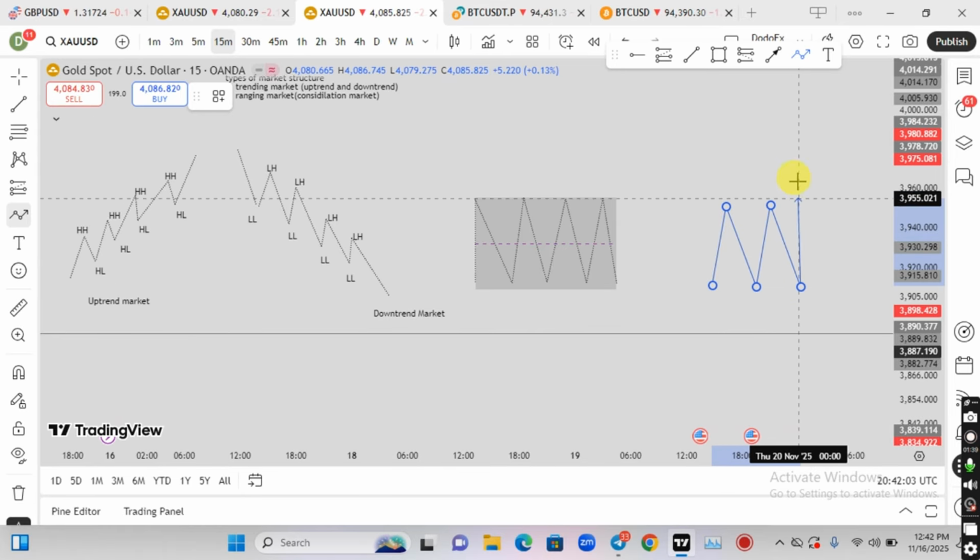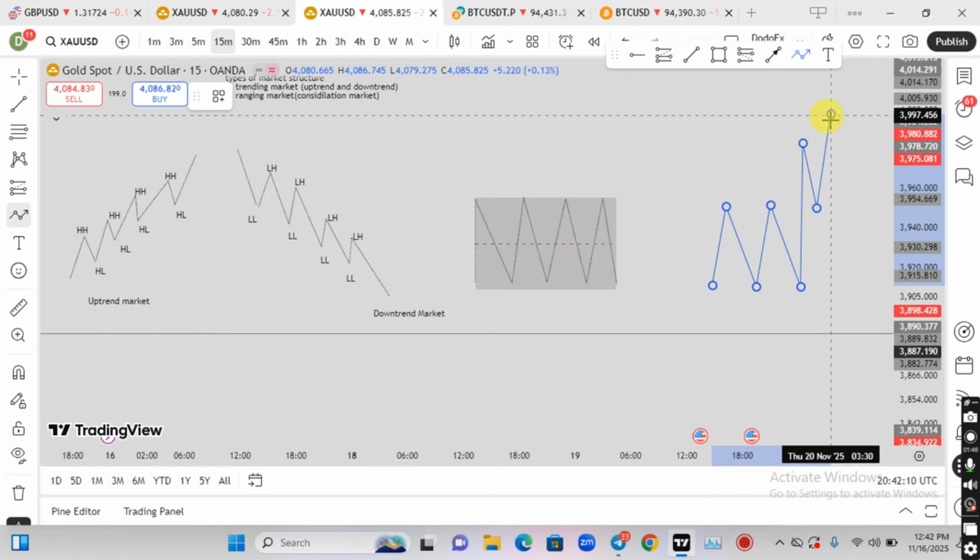after consolidating more, price breaks the zone, then it pulls back. That's when you enter a trade and continue your buy, for instance.